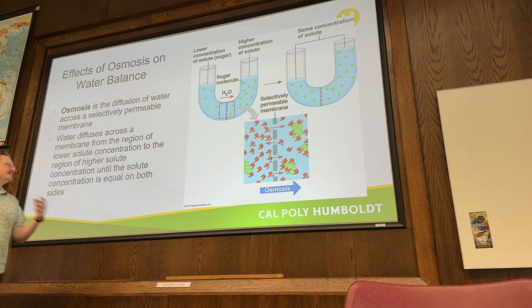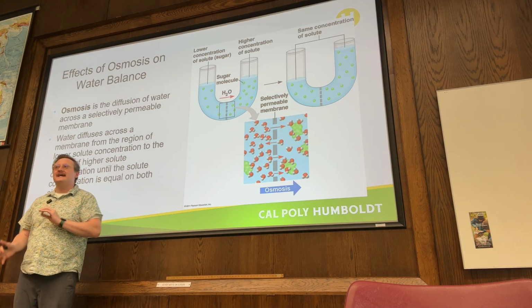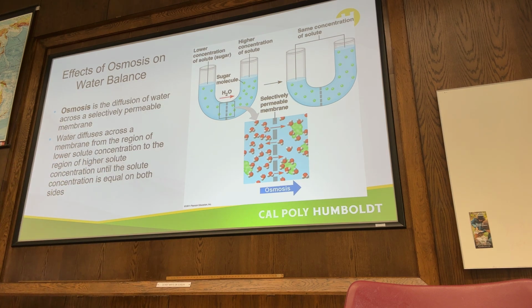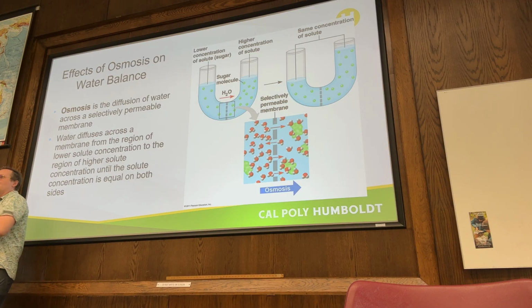It's all about how molecules move from areas of high to areas of low concentration. But when we're talking about osmosis, we focus more on the concentration of whatever is dissolved in the water than on the concentration of water molecules.